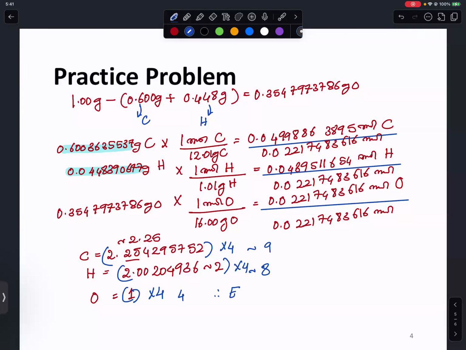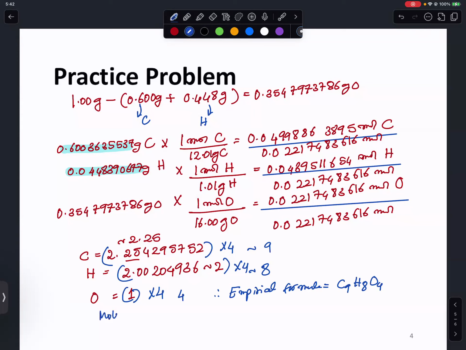Therefore, the empirical formula is C9H8O4.